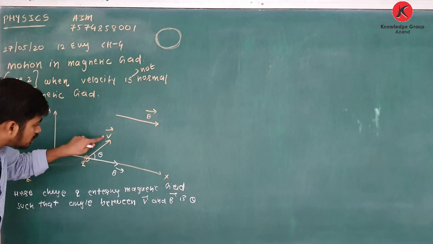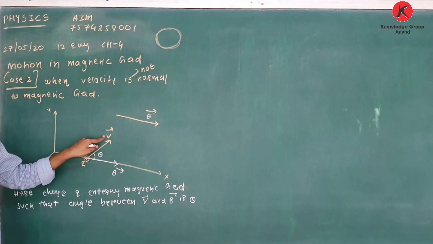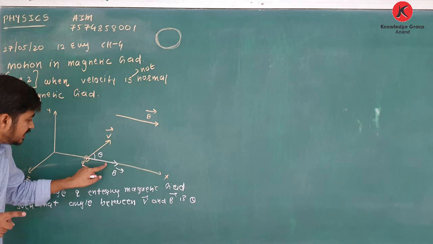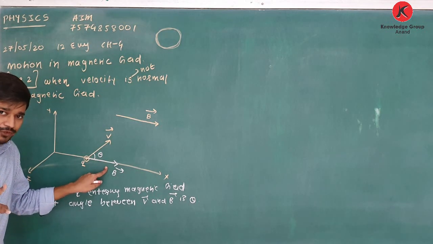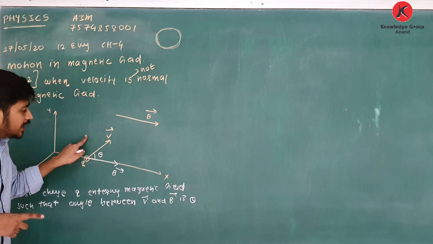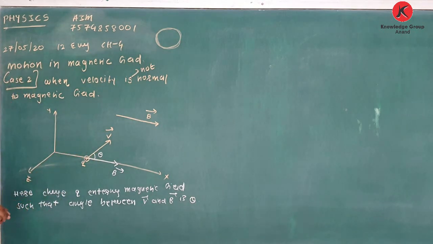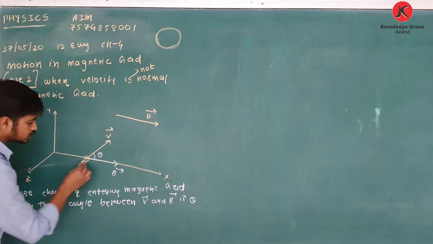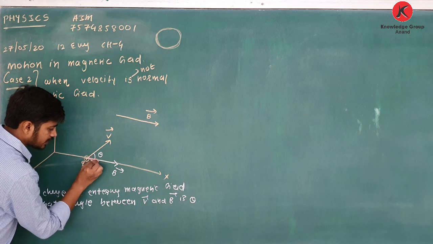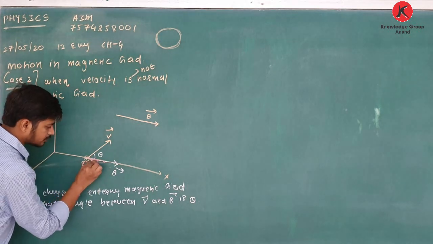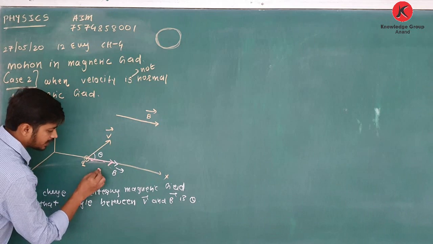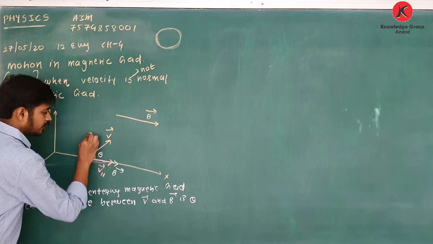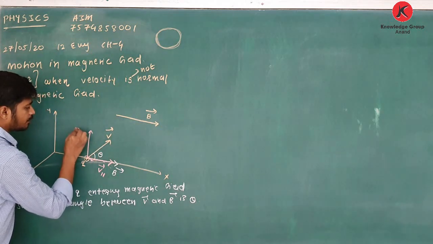We will resolve this velocity into components. One component in the direction of B, the magnetic field, and another component perpendicular to the magnetic field. One parallel to the magnetic field, denoted by v parallel, and another perpendicular to the magnetic field, that is v perpendicular.